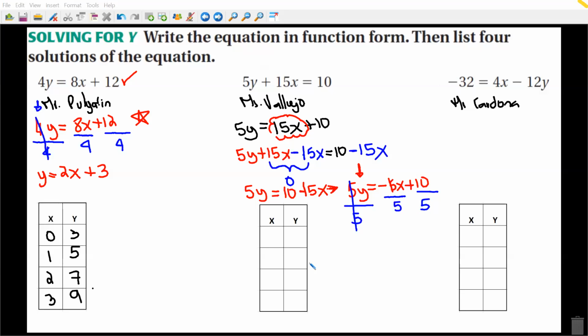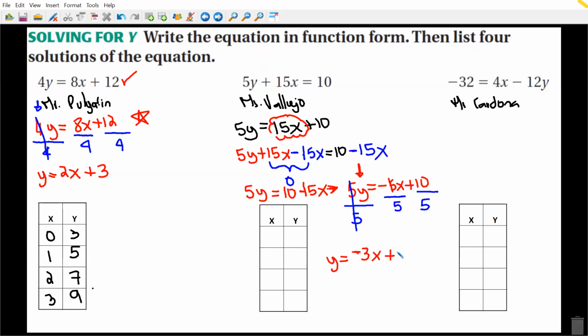Amelie, y is going to be equal to what? How much is negative 15 divided by 5? Negative 3. Excellent. It's going to be negative 3x plus, and how much is 10 divided by 5, Amelie? 2.